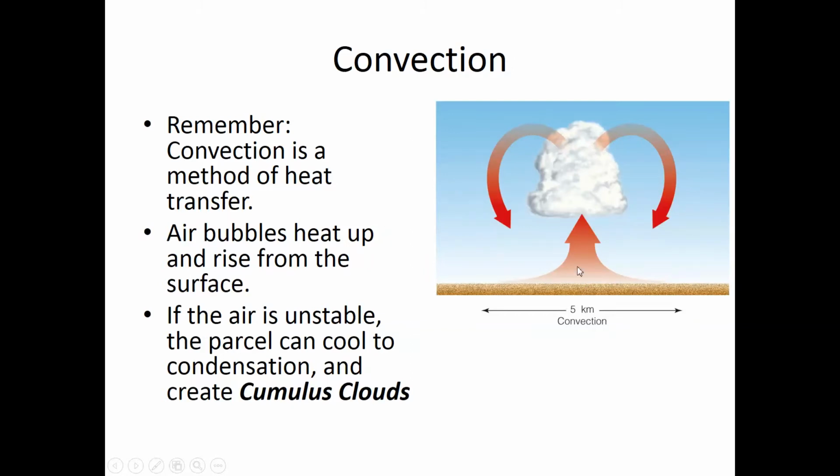It then rises up, cools and condenses, and we get cloud formation. Now, convection is the kind of rising air that creates cumulus and cumulonimbus clouds. And in fact, during the summertime, there's a lot of convection present in the atmosphere here in the United States, especially on the eastern end of the Rocky Mountains. And so there's a lot of thunderstorms.